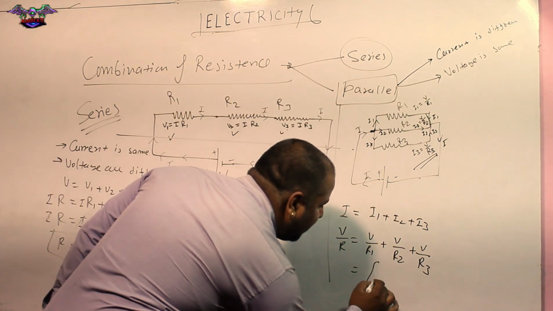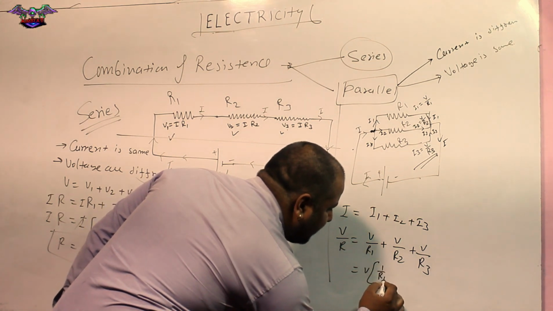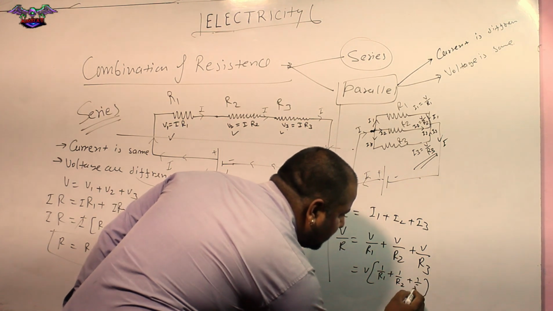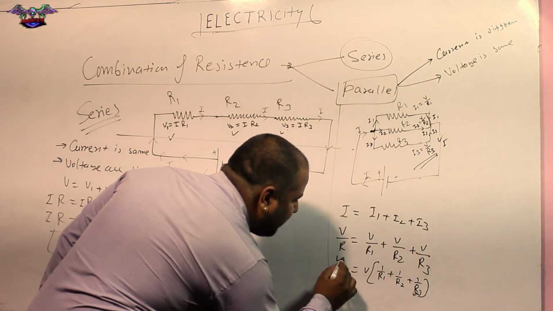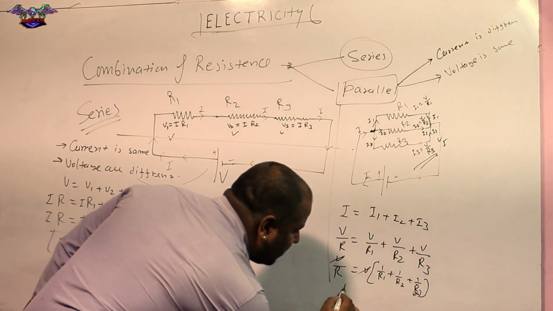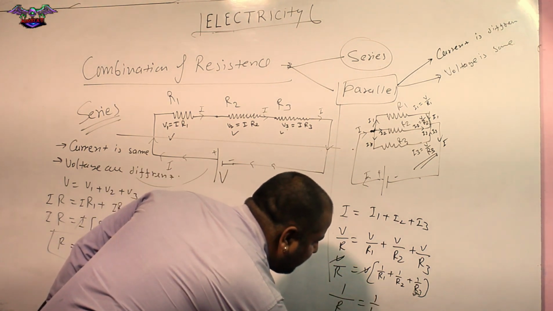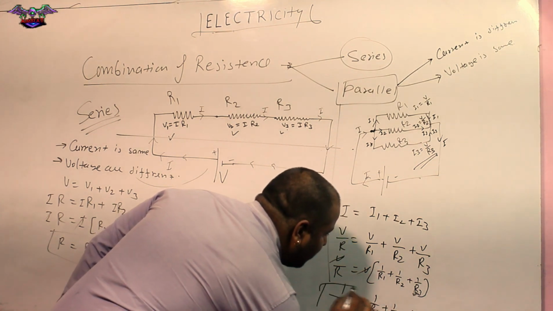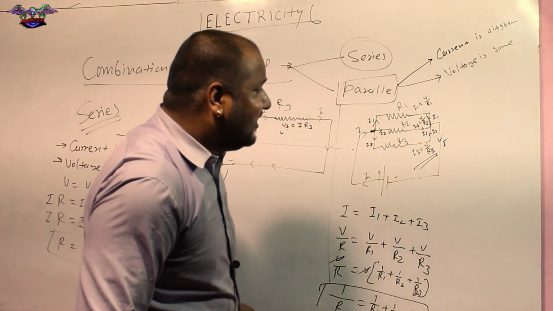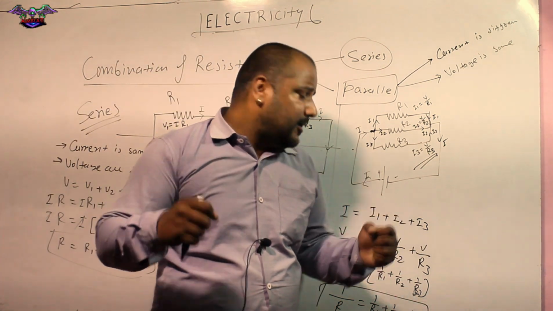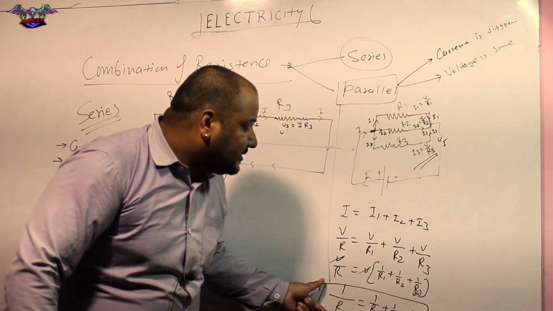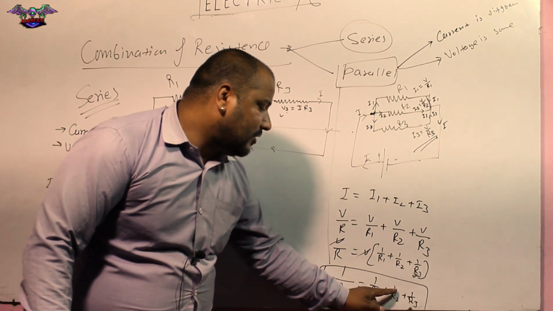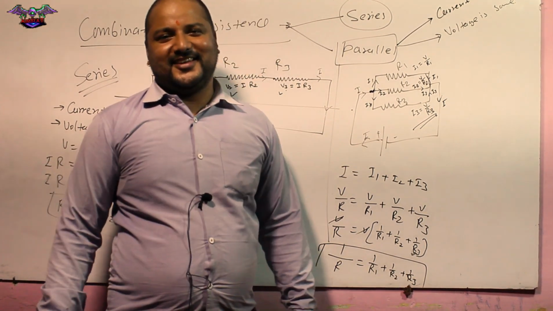Now we take V common, then 1 upon R1 plus 1 upon R2 plus 1 upon R3. So V upon R, V will cancel out. So 1 upon R equal to 1 upon R1 plus 1 upon R2 plus 1 upon R3. So whenever the circuit is in parallel, we can get the total resistance by adding inversely: 1 upon R equal to 1 upon R1 plus 1 upon R2 plus 1 upon R3.